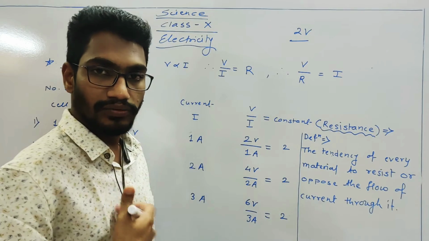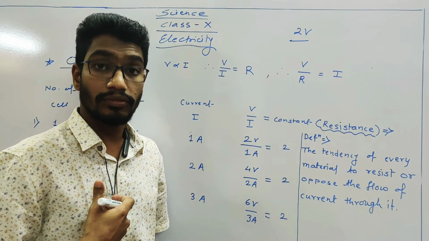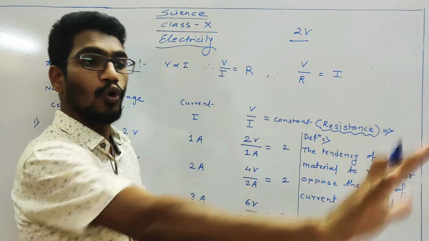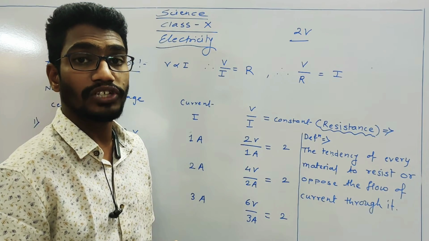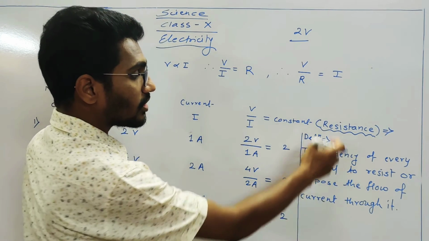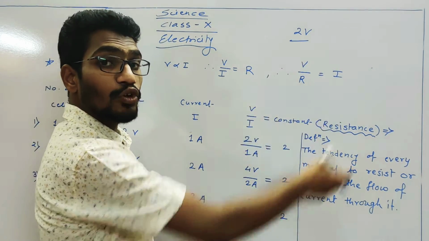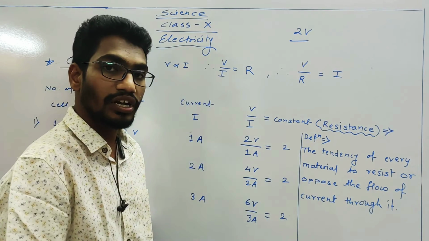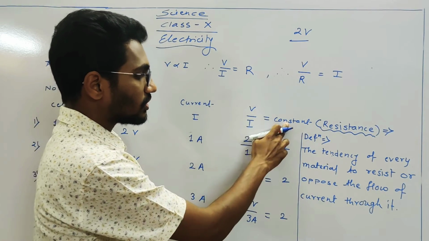The copper wire has the ability to oppose the flow of charge, and that ability is nothing but the resistance. And what is the value of that resistance for that particular conductor, which always remains constant?